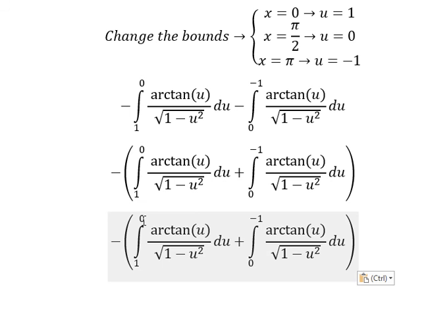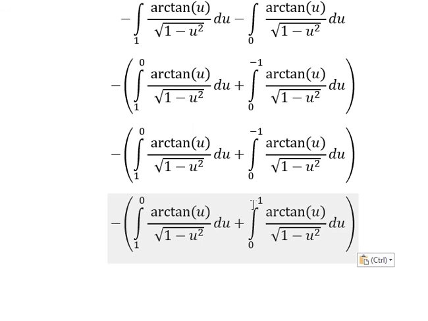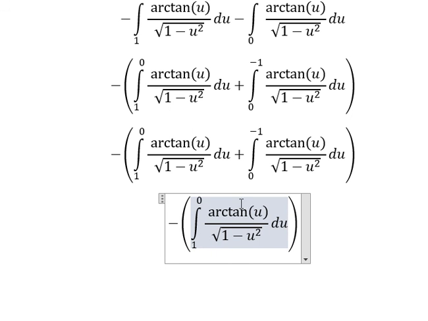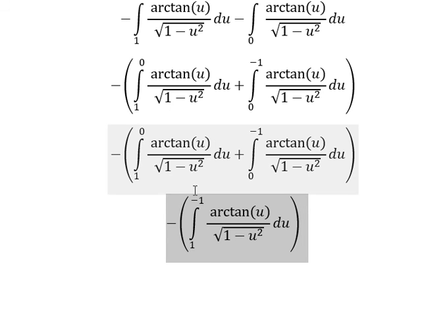So this one we have the bound 0, we have another bound 0. We sum two integrals together. Because we have the negative sign in here, we can swap the top and the bottom.